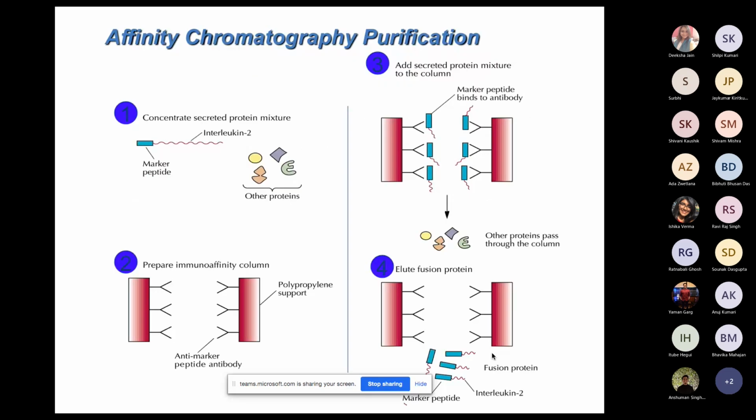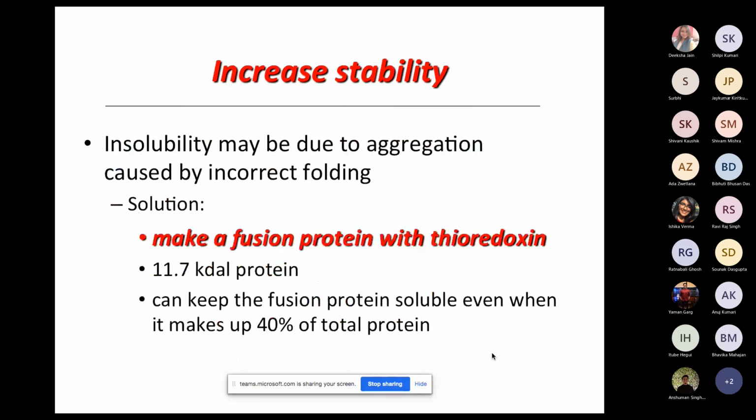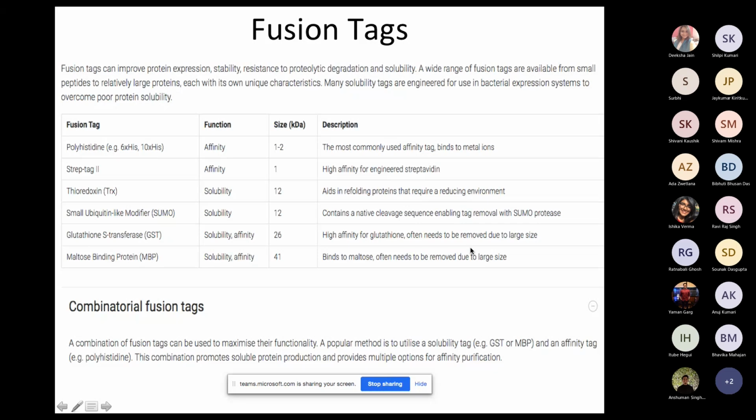Now, once you add these tags, how do you purify the protein? Again, it depends on which tag you are using. There are certain tags which can be purified with the help of metal ions. There are certain tags which can be purified using other protein binding. Let's say streptavidin and biotin binding is very well known.